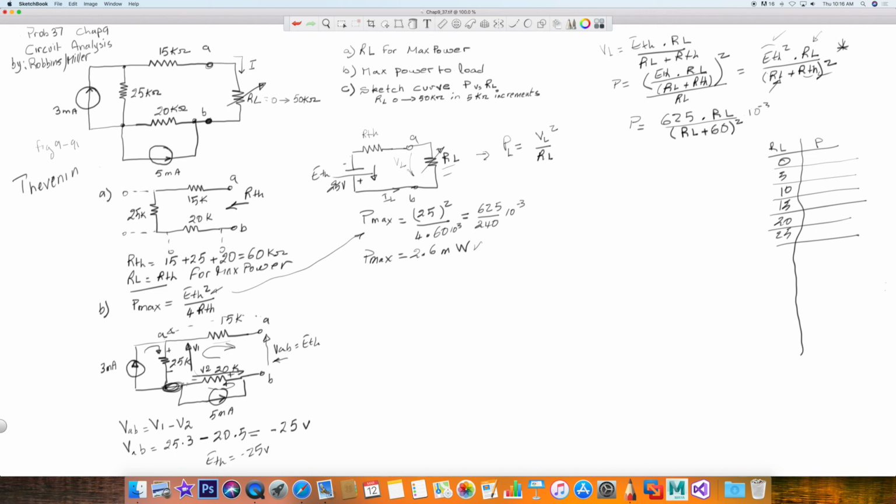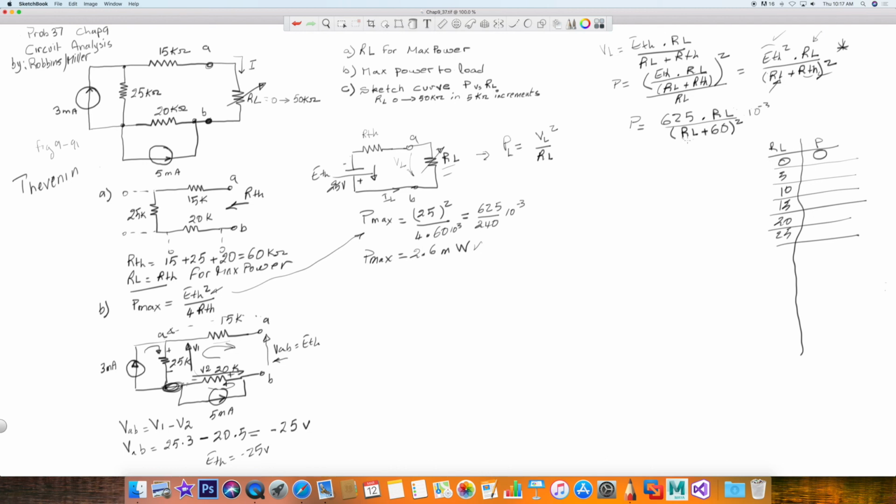You put 0 here and you put 0 here. Well, 0 in the numerator, power is going to be 0. Sure, I mean, that's a short. There's no power to it. There's no load, right? But in theory.